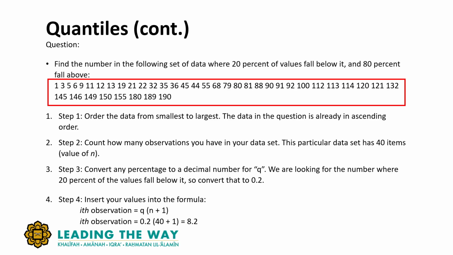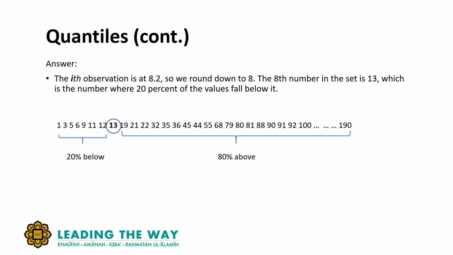Then insert your values into the formula. The ith observation equals 0.2 times (40 plus 1), so you will get the answer 8.2. They give you the answer here. The ith observation is at 8.2, so we round down to 8.